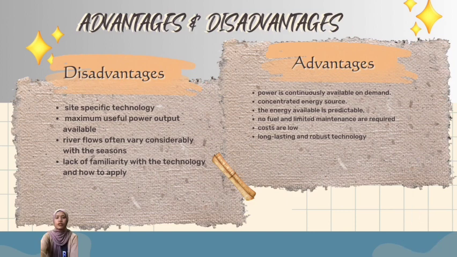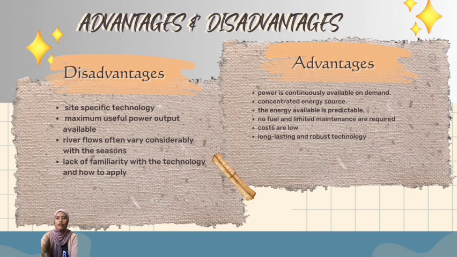For the disadvantages of hydropower, first, it is a site-specific technology, and sites that are suited to the harnessing of water power and are also close to a location where the power can be economically exploited are not very common. There is always a maximum useful power output available from a given hydropower site, which limits the level of expansion of activities which make use of the power.